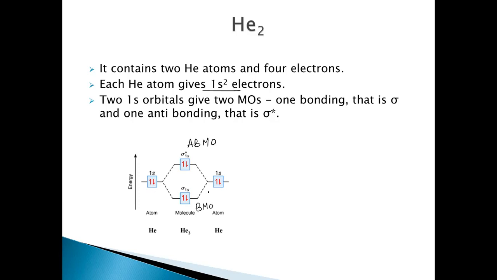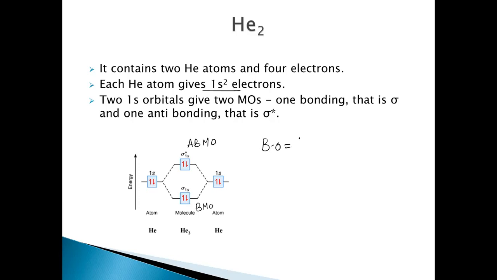The 2 electrons and 2 electrons get filled up here. The first 2 electrons will enter into the bonding molecular orbital and the next 2 electrons will enter into the anti-bonding molecular orbital.